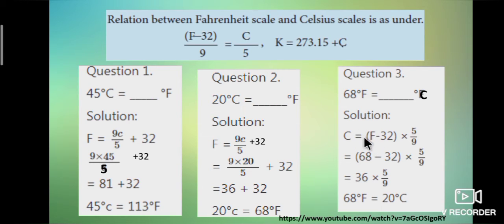So F value, that is Fahrenheit, 68 degrees Fahrenheit. (68 minus 32) into 5 divided by 9. 36 into 5 divided by 9. So the answer is 20 degrees Celsius. 68 degrees Fahrenheit is equal to 20 degrees Celsius. To know more details about conversion of scales of temperature, see the link below.